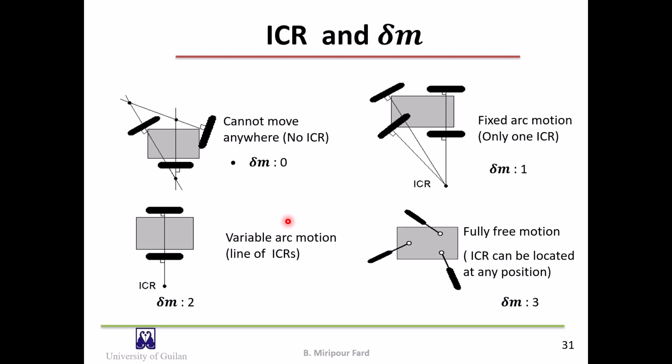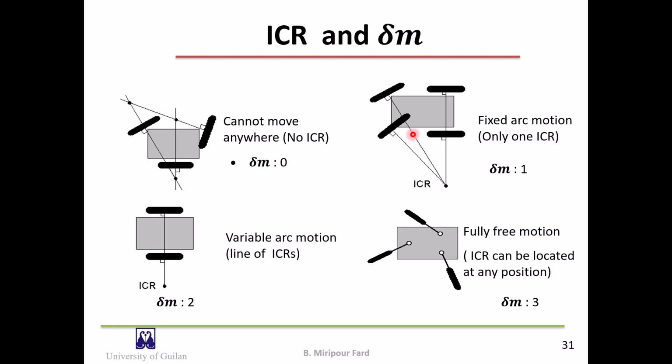There is an interesting relationship between ICR and degree of mobility. If for a robot we are not able to place the ICR anywhere, for example in this robot, its mobility is 0. In this case, no motion is possible without slippage.